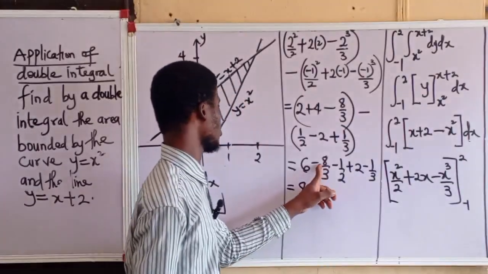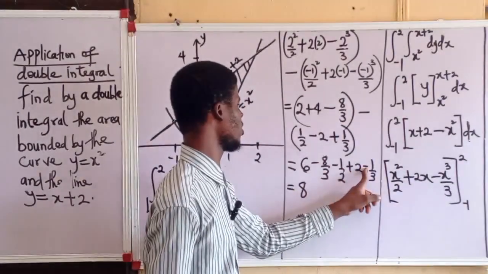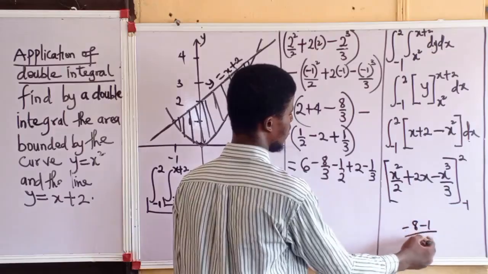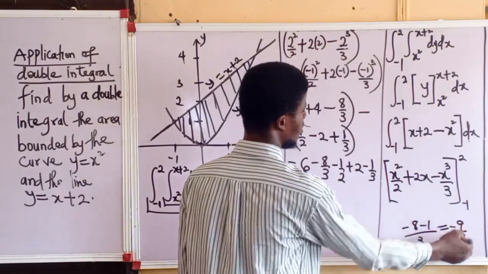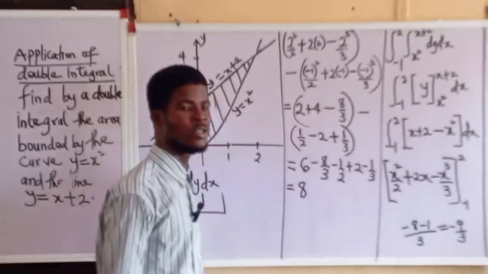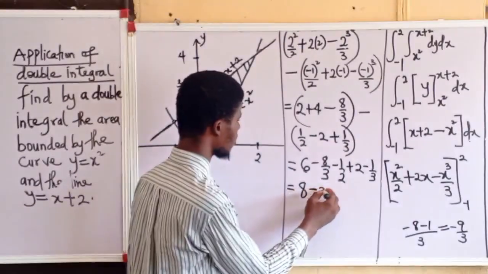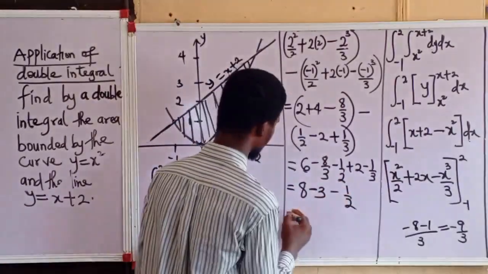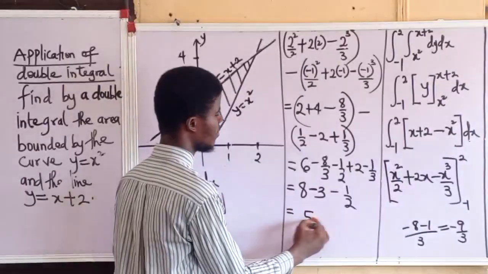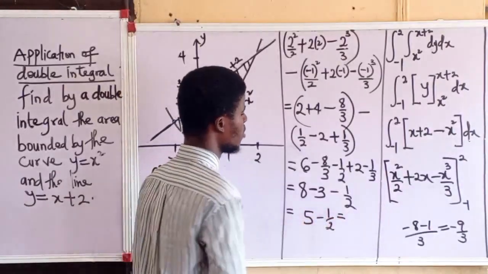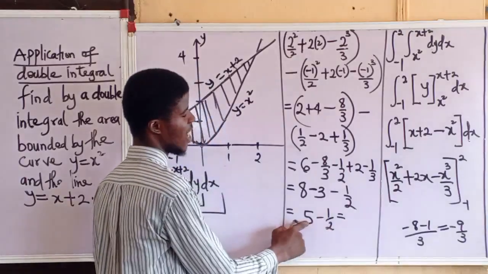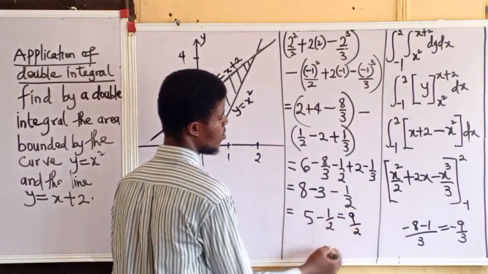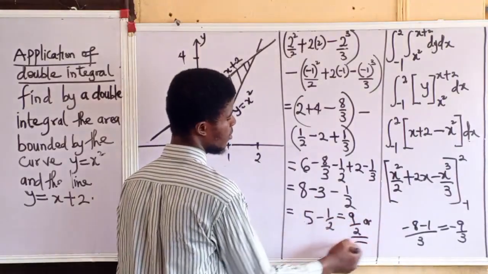Okay, -8 over 3 minus 1 over 3 is actually -8 minus 1 all over 3. And that's -9 over 3. -9 over 3 is -3. Then we have -half. 8 minus 3 is 5. So this is either 2 times 5 is 10, 10 minus 1 is 9 over 2, or we can say 4.5.